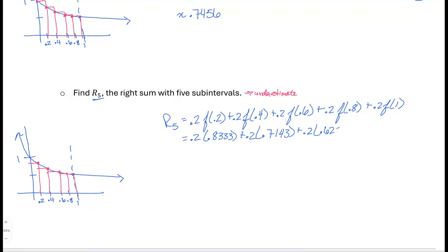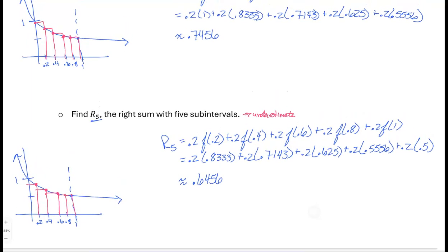I get 0.625 for the next one, 0.5556 for that next one, and then 0.5 for that last one. So when I add all of this together, after I multiply it out, I'm going to get about 0.6456. And we said that's going to underestimate the area. So the actual area would live somewhere between 0.6456 and 0.7456.